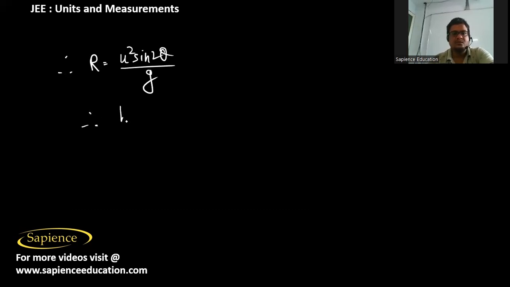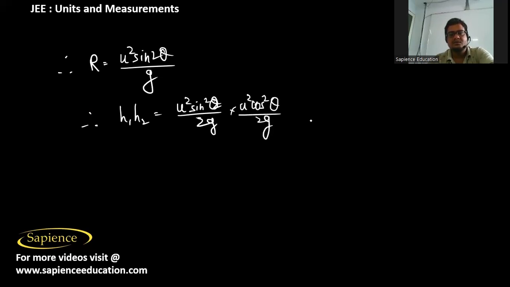Now if we do h1 into h2, that will be equal to u square sine square theta by 2g into u square cos square theta by 2g. So this will be u power 4 sine square theta cos square theta by 4g square.